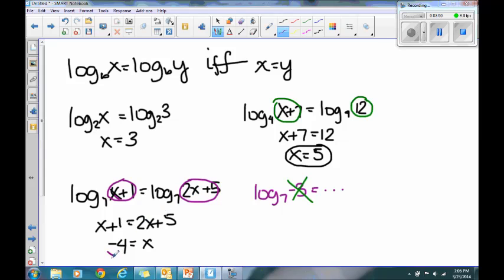So since negative 4 doesn't work, I have to mark it off the list, and anytime I mark off every number that I had on my list, then I conclude that there's actually no solution to this equation. So every time we solve for x, we need to take the x back to the beginning, plug it in every place there's an x, and make sure I'm only taking logs of positive numbers.